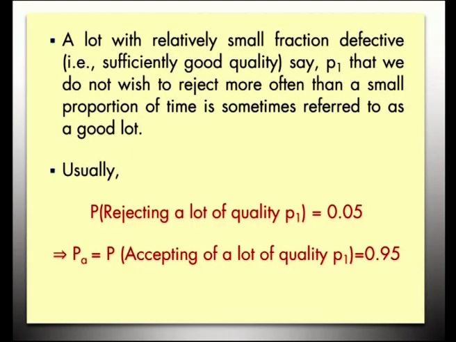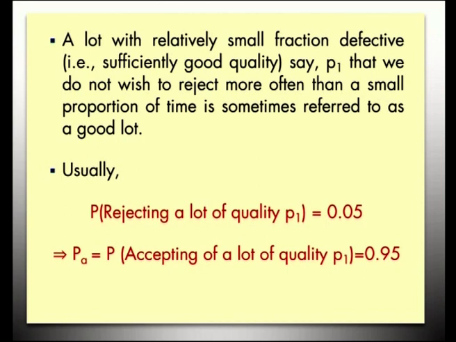A lot with a relatively small fraction defective, that is, of sufficiently good quality, say P1, is one that we do not wish to reject. Although it is defective, the defective fraction is so small that the product can be accepted. So, we do not want to reject more often than a small proportion of times, and this is sometimes referred to as a good lot. That is, the probability of rejecting a lot of quality P1 is 0.05, which means the probability of accepting the lot is 0.95.